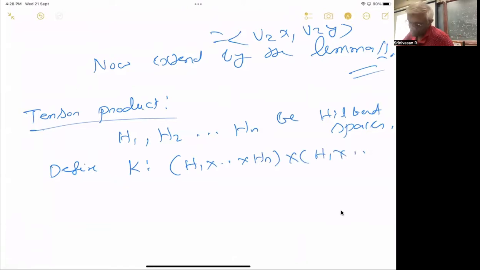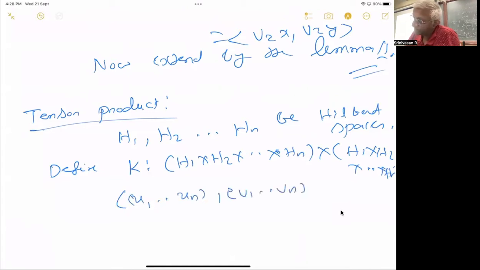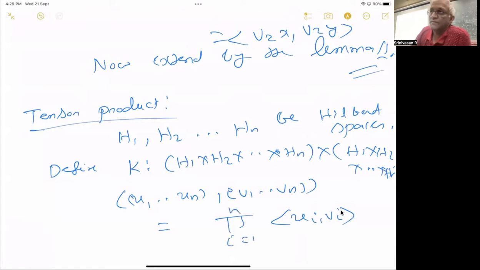It's a positive definite function defined on H1 cross H2 cross Hn. I'm just writing it again: H1 cross H2 cross up to Hn cross, again the same thing, H1 cross H2 cross up to Hn. Where if you have some U1 up to Un, V1 up to Vn, that is equal to the product of inner products Ui, Vi, i equal to 1 to n. Just the product of them.